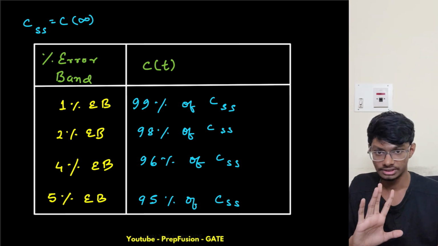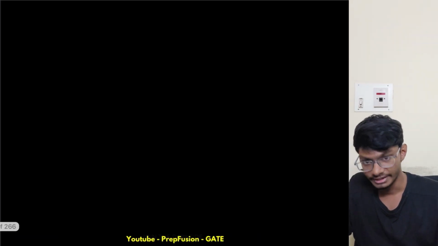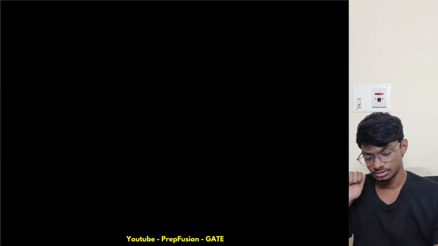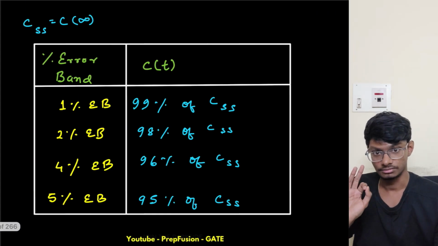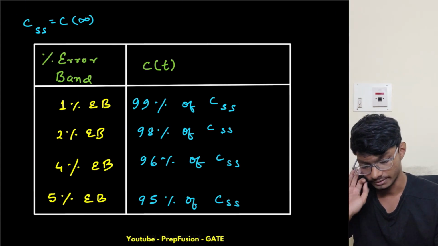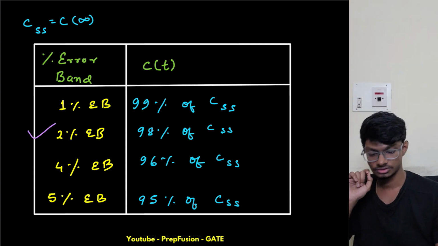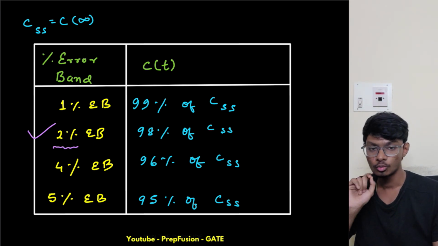So yeah, all these are this. Okay, I will derive for one, another one you derive, because deriving for everything is just a waste of time. What is the standard? Standard is this 2%, right? 2% error band is standard.